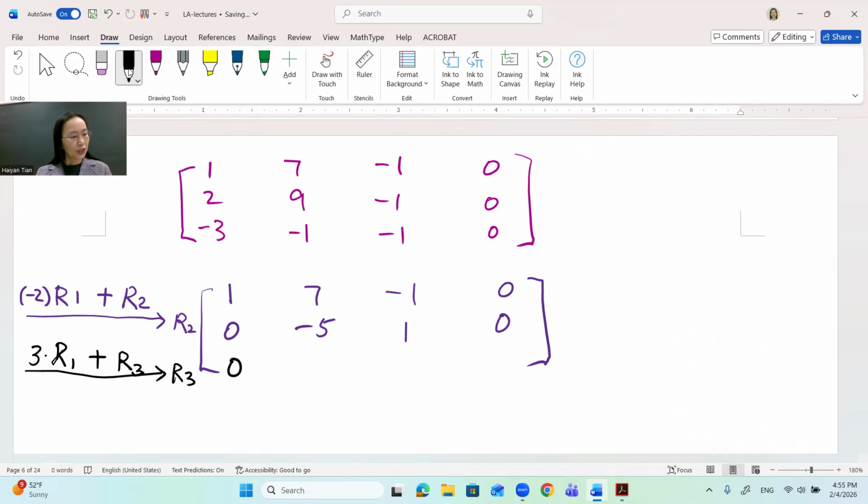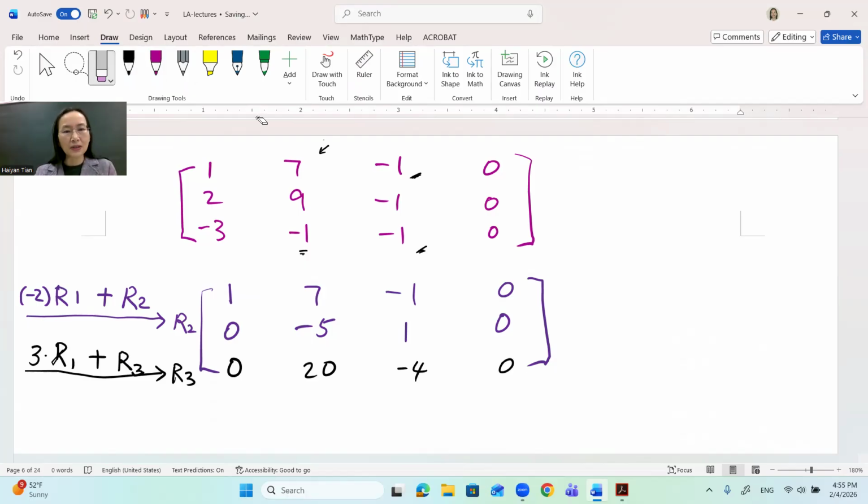And then we can see 3 times 7 is 21. 21 add -1 is 20. So we get 20. And then we have, again, 3 times this is -3. Add this number is -4.